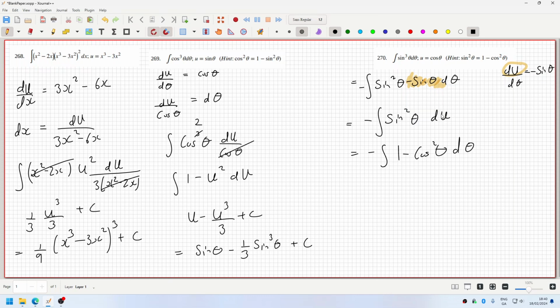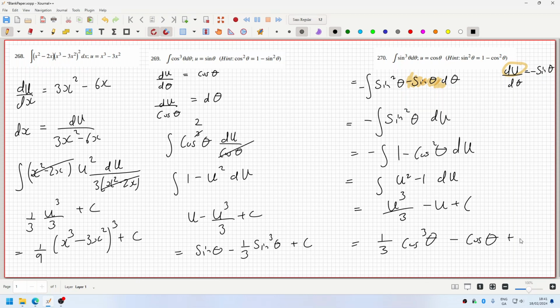And that is cos squared, which is u squared, minus 1 du. That's u cubed over 3 minus u plus c. So that's 1/3 cos cubed theta minus cos theta plus c.